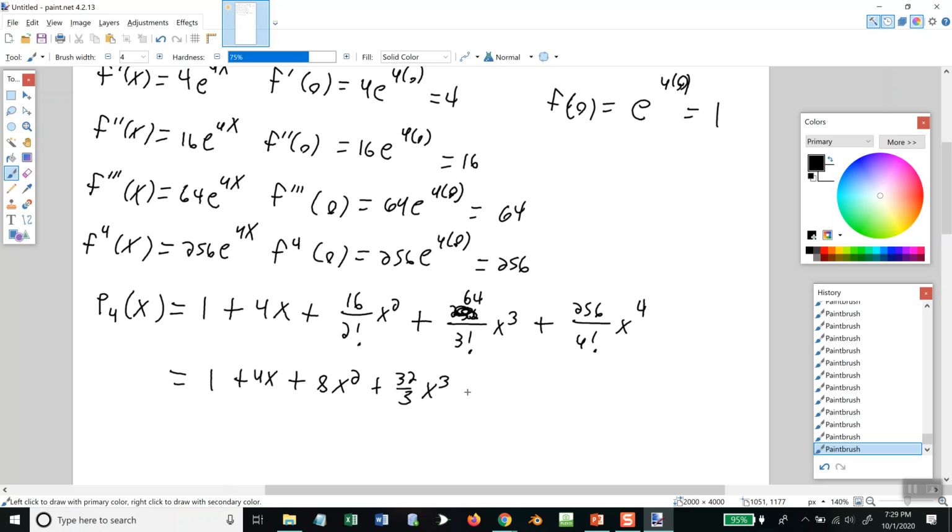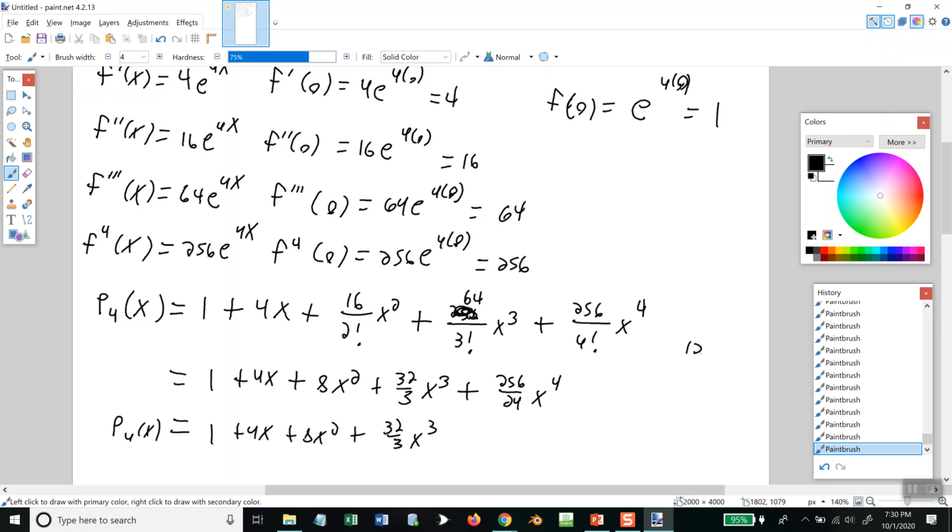x to the third. 4 factorial, 1 times 2 times 3 times 4, which is 24. So 256 over 24, x to the fourth. So we got 1 plus 4x plus 8x squared plus 32 over 3 x to the third.